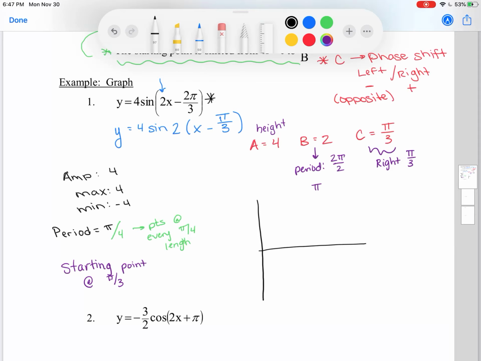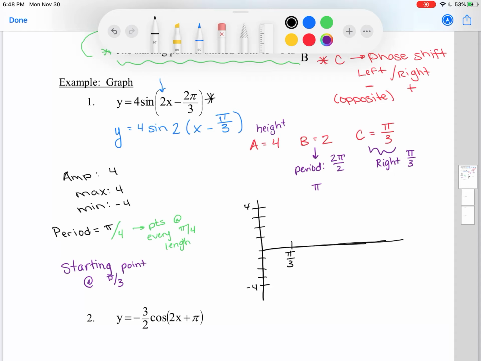So I'm not going to draw all 4 quadrants. I'm just going to draw the first and the 4th here, if you really think about it. My height is going to be a positive 4, so I'm going to mark off a positive 4 as well as a negative 4. And then I want to start at pi thirds, because that was my phase shift. So that's going to be my starting point.